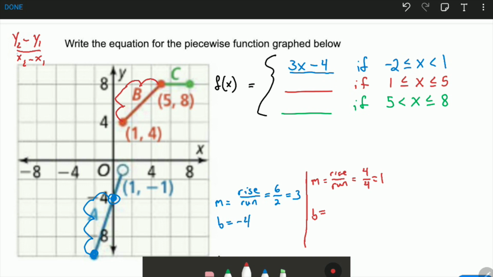And then for our y-intercept here, well, we can't see the y-intercept on this graph, so we can do this in one of two ways. We can do it algebraically, or depending on the graph, we can just extend the graph and figure out what the y-intercept is. Since we already know our slope is 1, we go up 1 and over 1, we can work backwards and go down 1 and back 1.